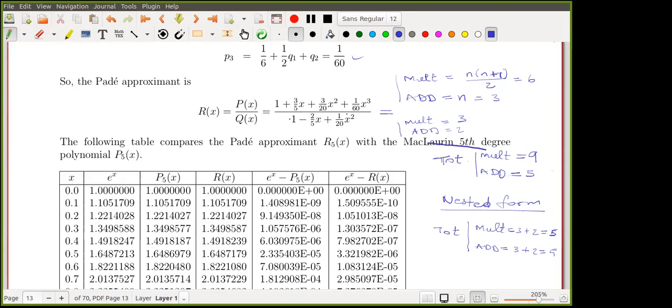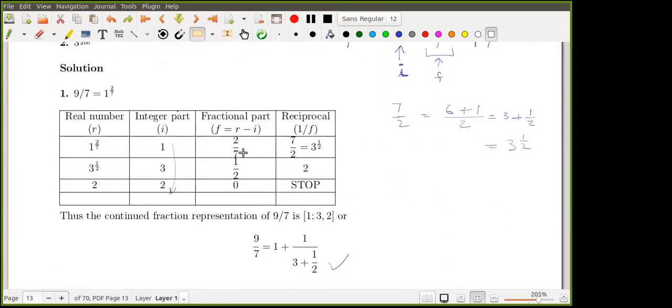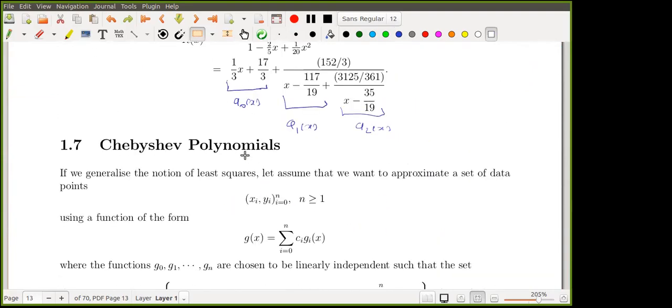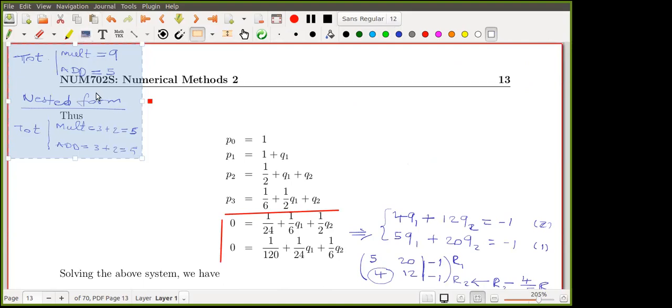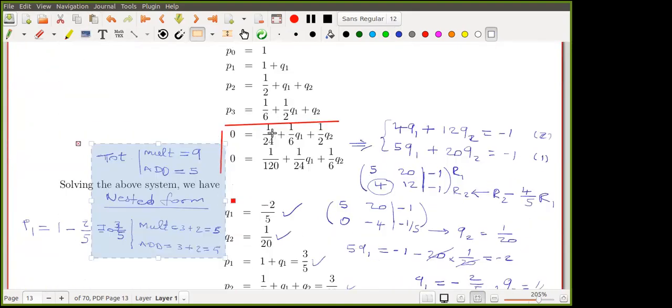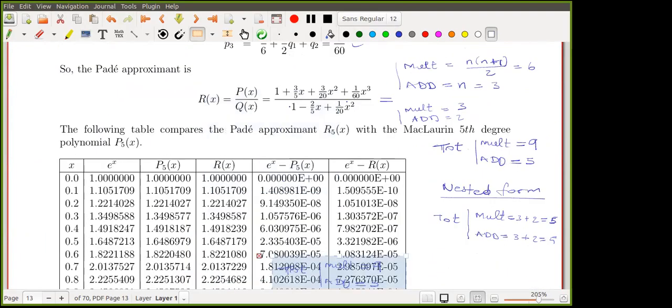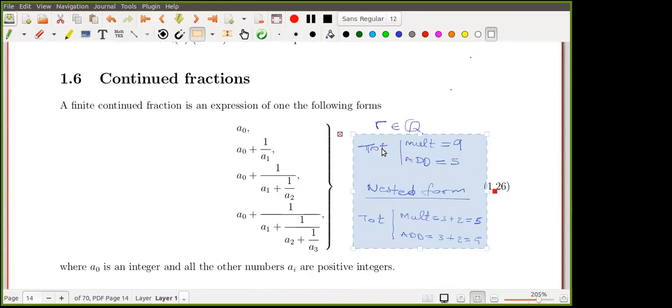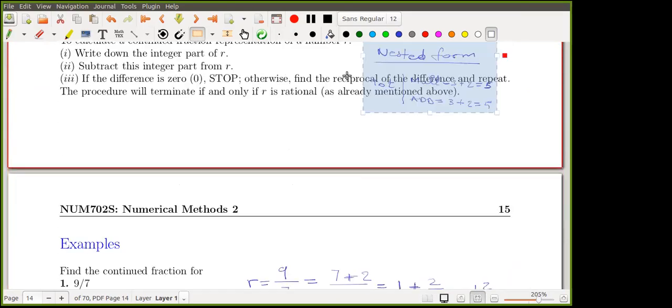So let's copy this. Oh, sorry. Unfortunately, I have to scroll all the way down.